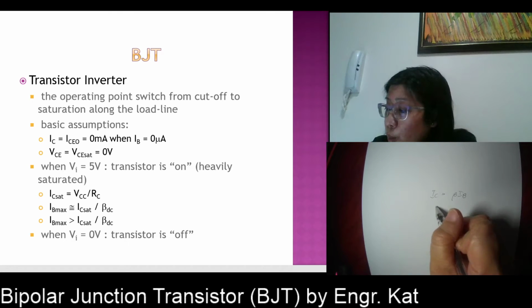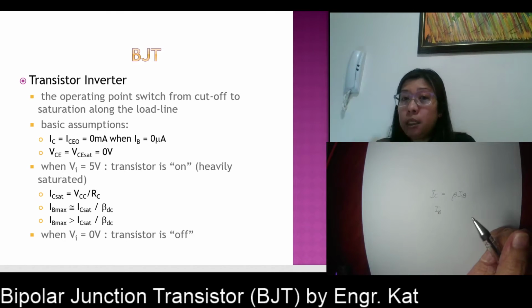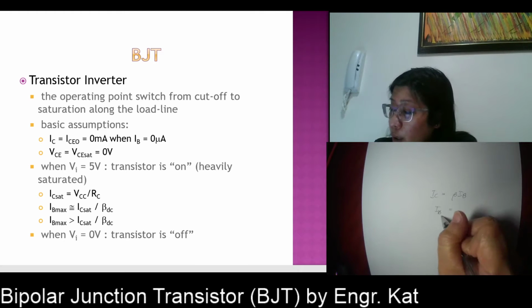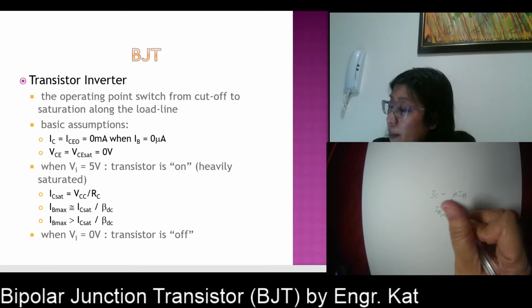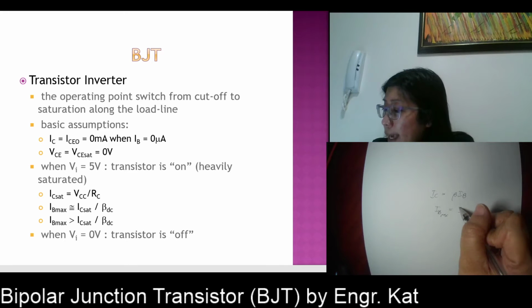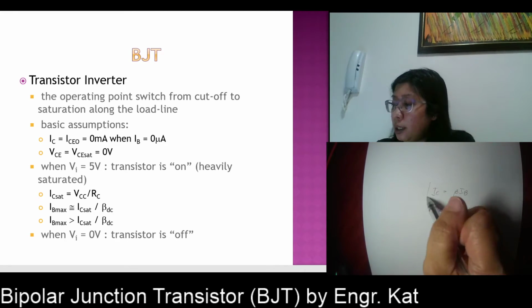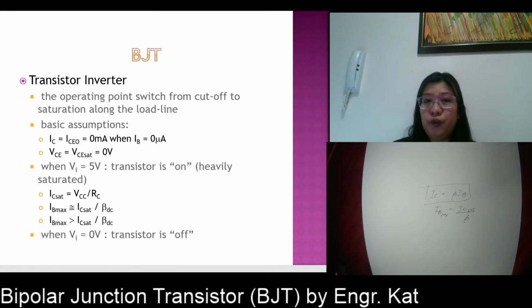So to assure saturation, your IB maximum must be equivalent to IC sat over beta. This is just derived from this formula.